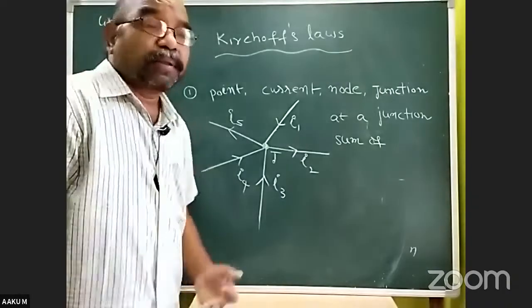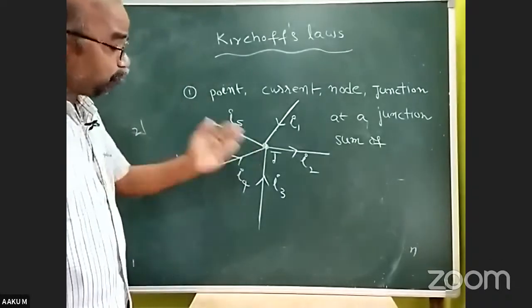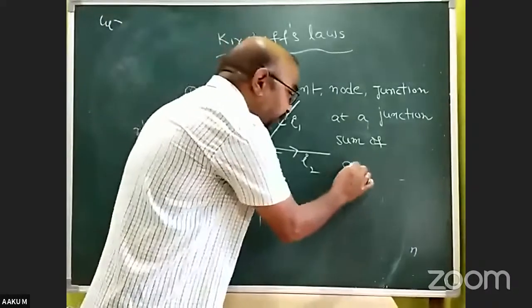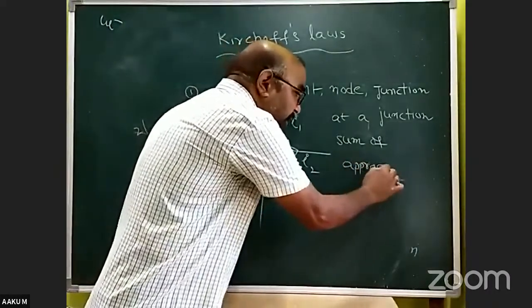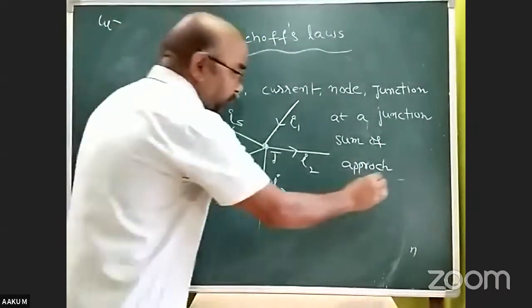So what sign do we have to give? If currents are approaching the junction, give a positive sign to that current.